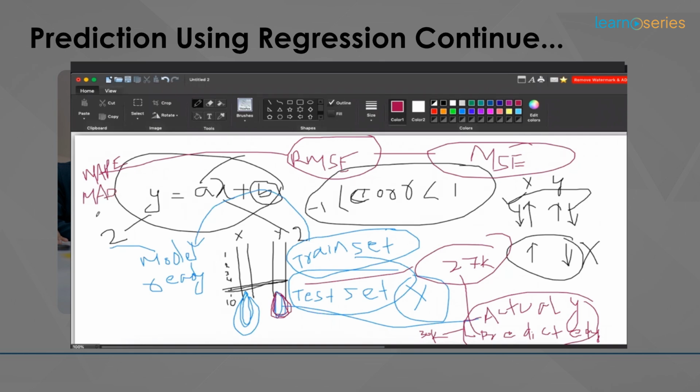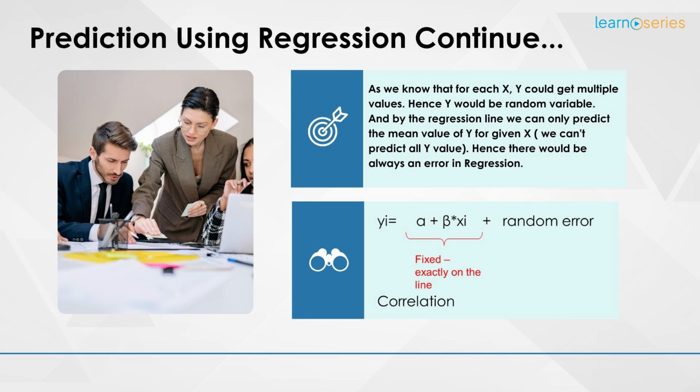So these four we use for calculating our model accuracy. Those are the matrices: mean squared error, root mean squared error, mean absolute percentage error, and mean absolute deviation.